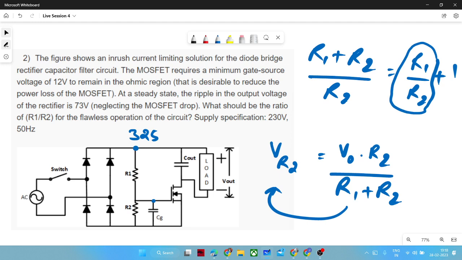What should be the ratio of R1 by R2 for the flawless operation? I think Sanjay is correct. So for flawless operation, even for the minimum condition of voltage, this MOSFET should be off, I guess, right? Let me draw it.